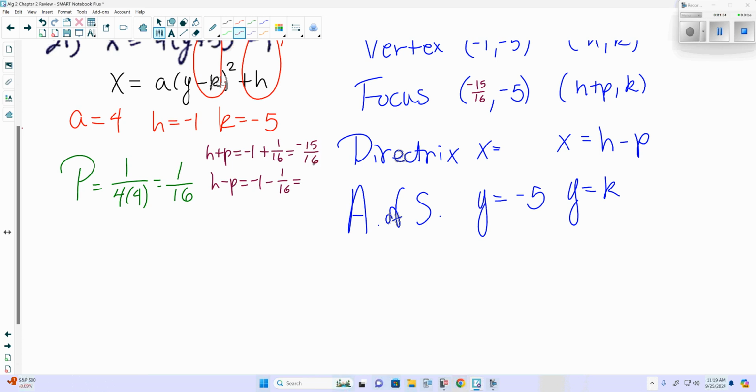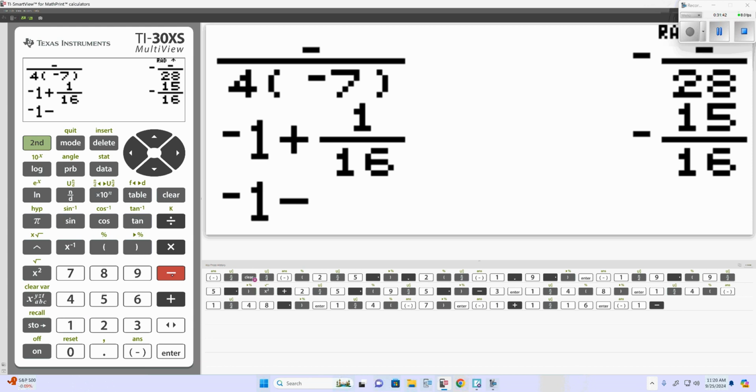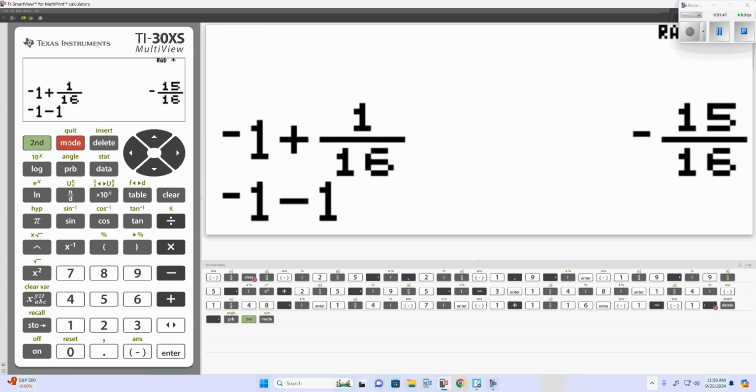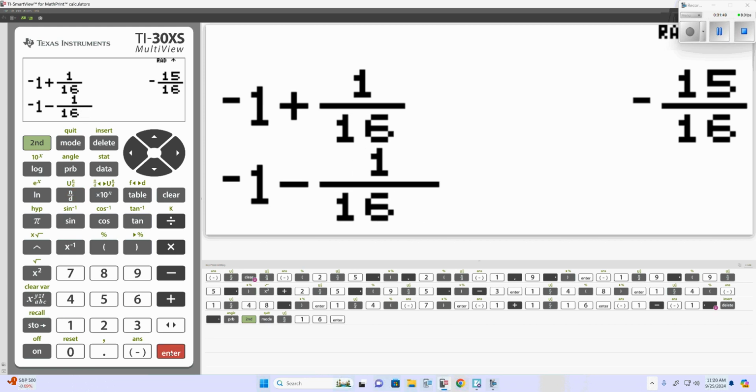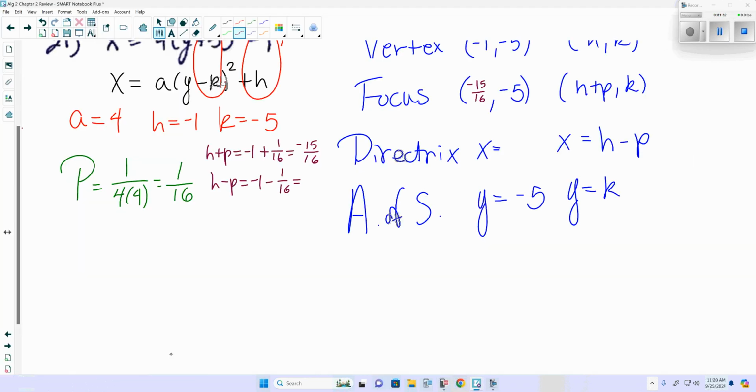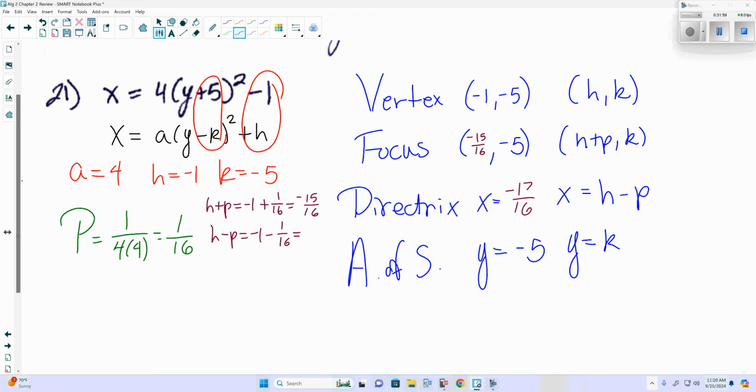And h minus p, -1 minus 1/16, is -17/16. So even if you miss the values for p and get the rest of it, you are getting 80% of this problem. It's not all or nothing.